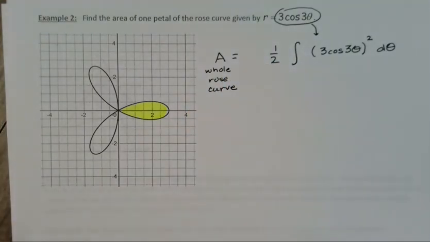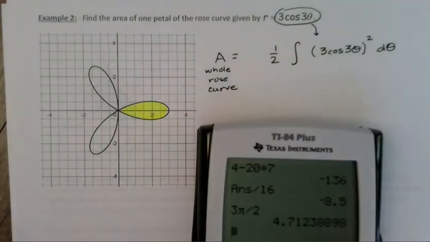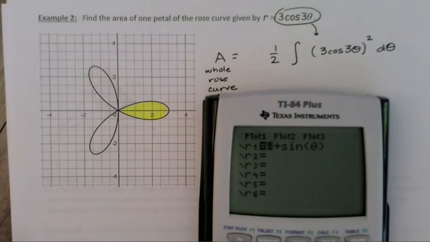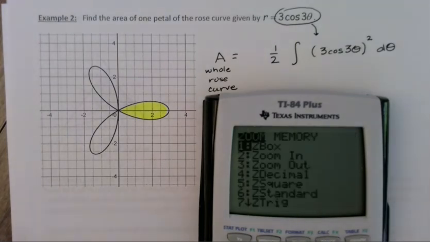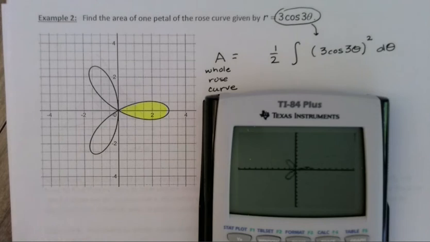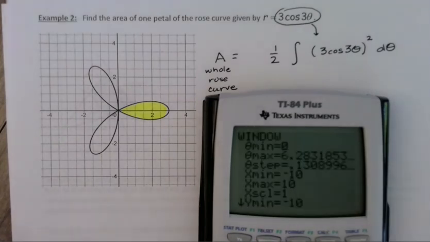And once again, I want to double check whether this was a 0 to 2 pi or a 0 to 1 pi. So I've got 3 cosine 3 theta. Zoom out just a little bit there. I guess I don't have a choice how far, but there we go. And I want to go ahead and trace this. Actually, it kind of does matter. Let me change my window so I can see it a little bit better.